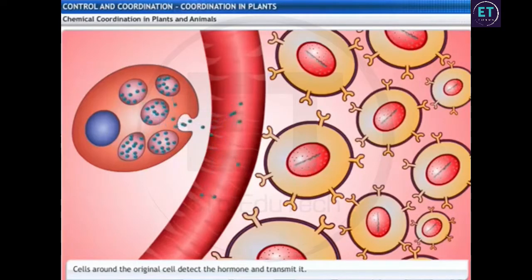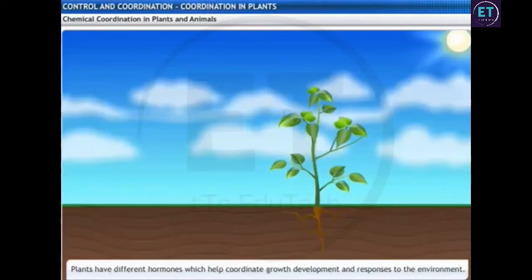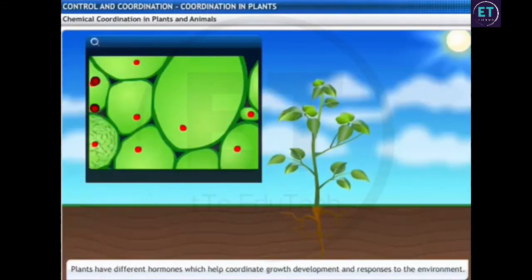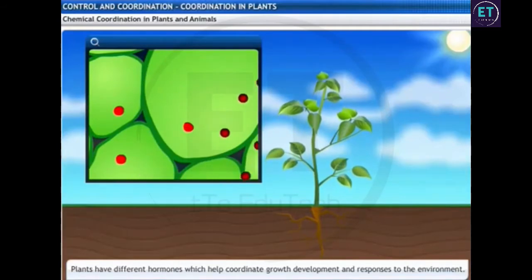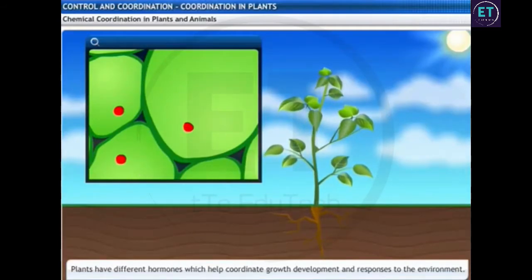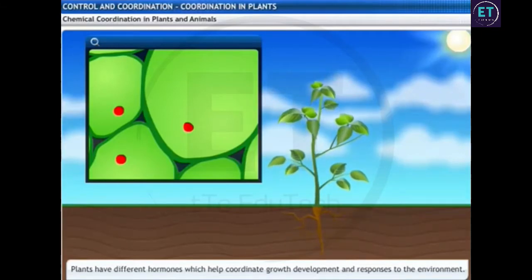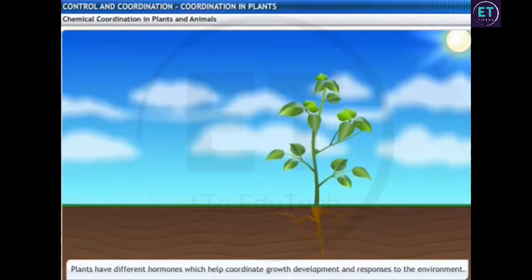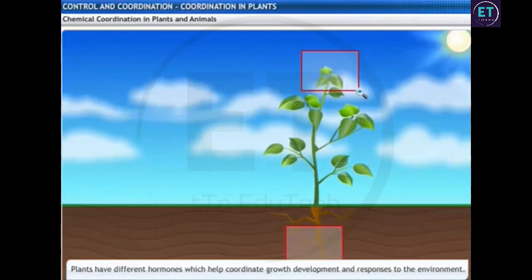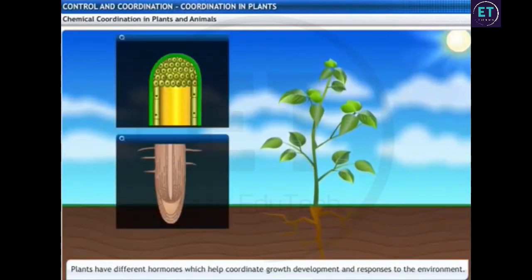This is a slower process, but can potentially reach all cells regardless of nervous connections. Plants have various hormones which help to coordinate growth, development and response to the environment. They are synthesized at places away from where they act and simply diffuse to the area of action.